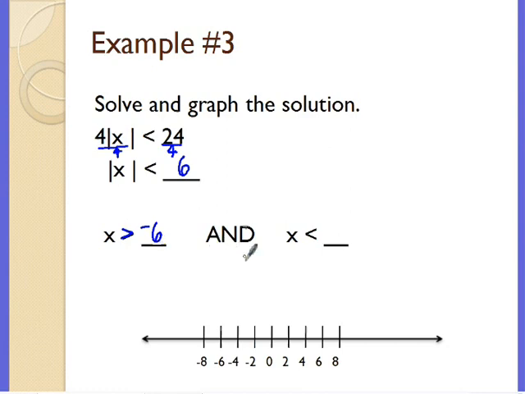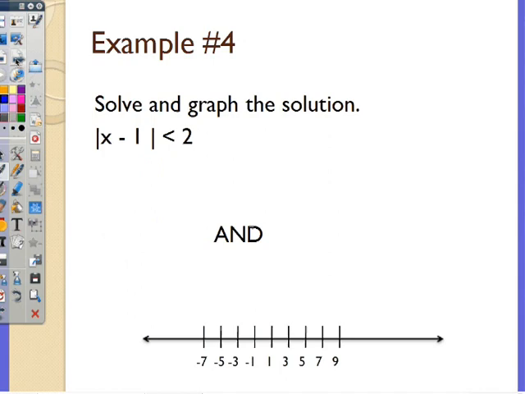And the second inequality, we just leave exactly as is from the problem, and we take off the absolute value bars. So x is greater than negative 6, and x is less than positive 6. Connect them with a line. If it helps you to draw the 2 endpoints first so that you can see it, you can do that, and then you can draw the line between them afterwards.